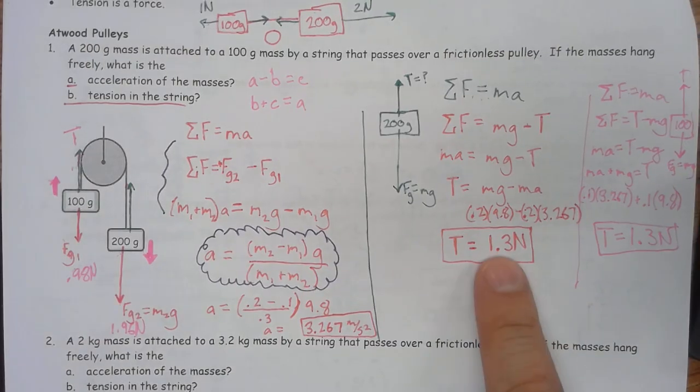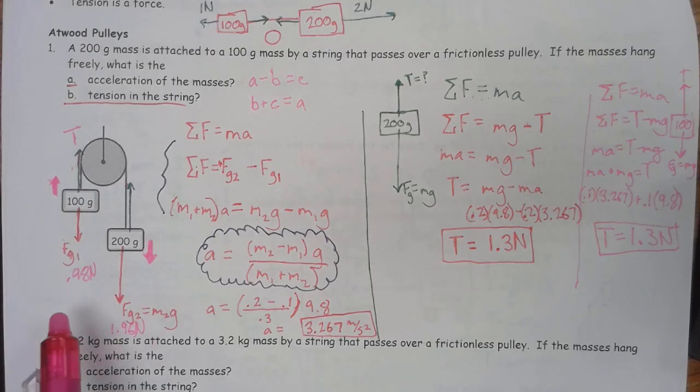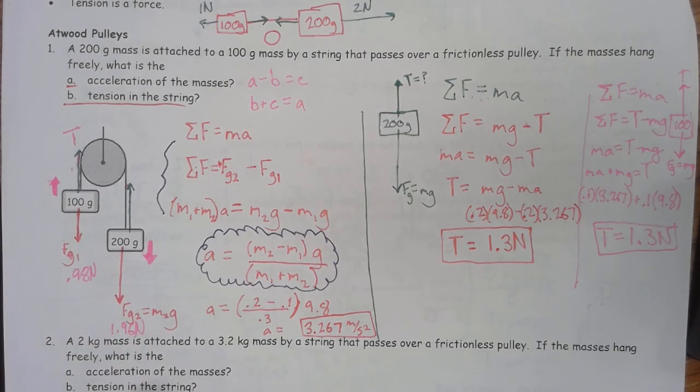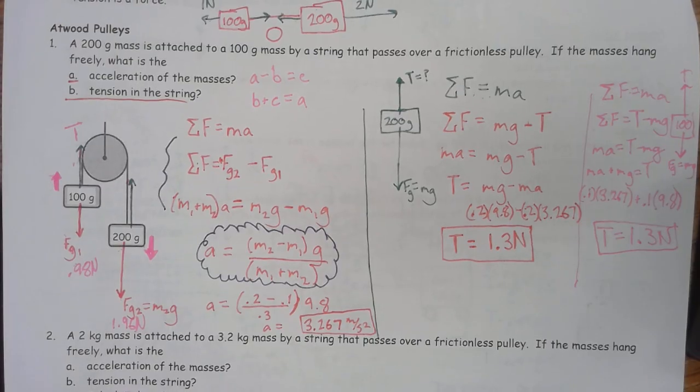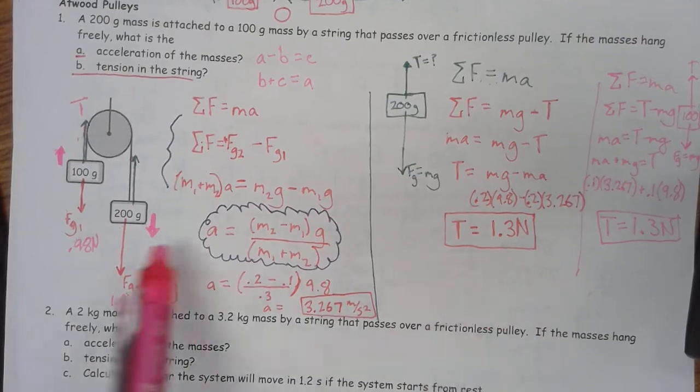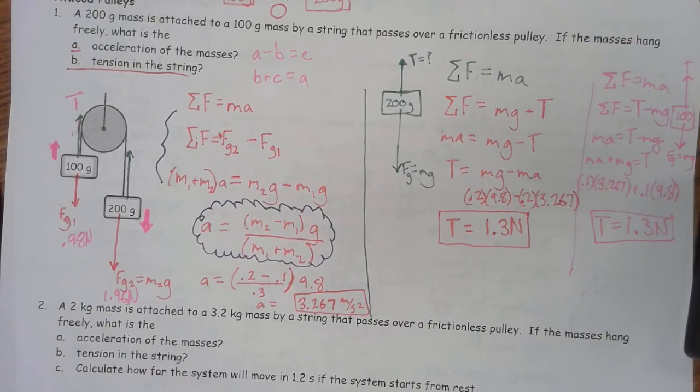So when you solve for your answer of 1.3, what has to be true? It has to be larger than 0.98, but smaller than 1.96. So that's my general rule of thumb: look for the force, make sure that this force is between those two, and then you know you didn't flip-flop and go outside the scope of the problem, okay?